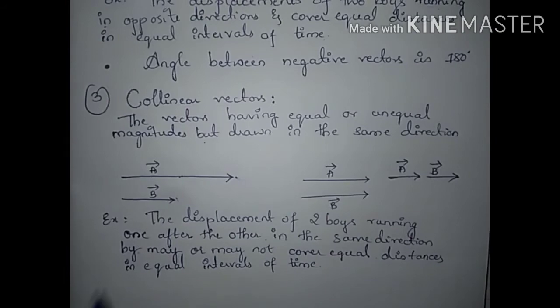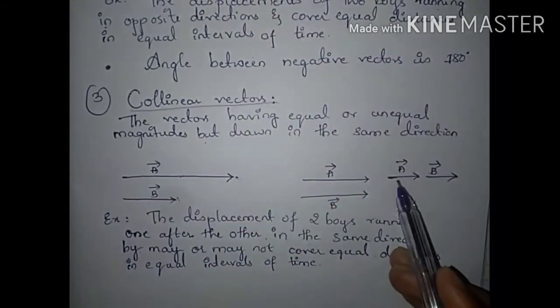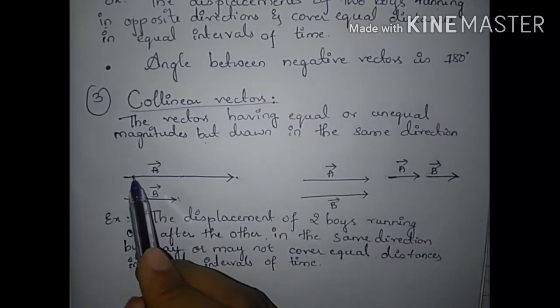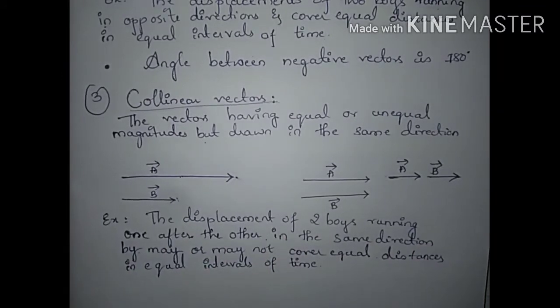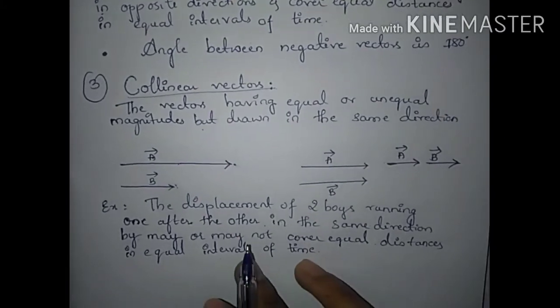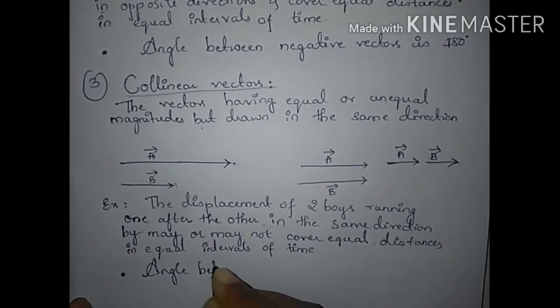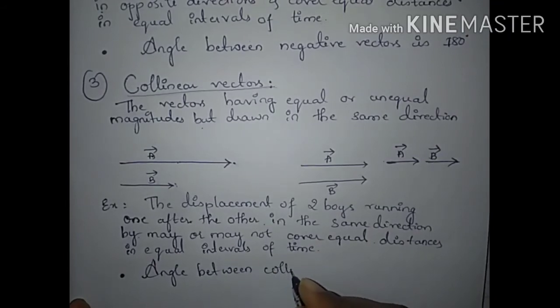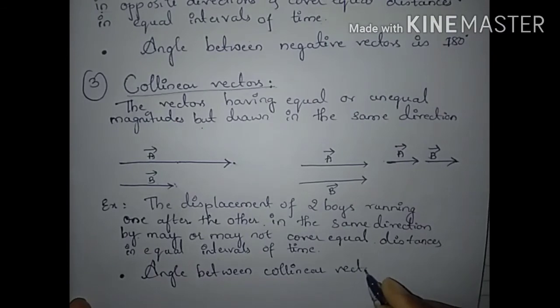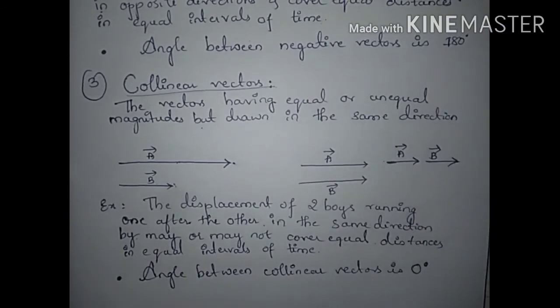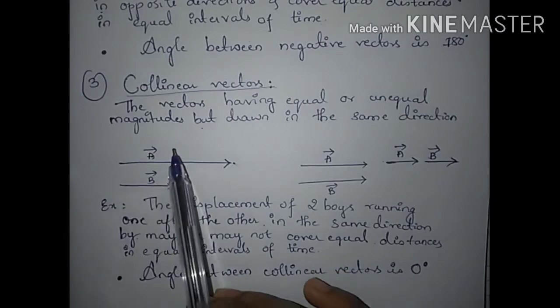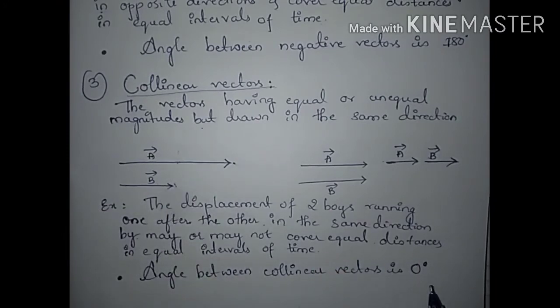So this is the example for collinear vectors. Collinear vectors can be denoted like this or like this. So A and B are two vectors having the same direction but with equal or unequal magnitude. Such kinds of vectors are known as collinear vectors. Now the angle between collinear vectors will be again what? 0 degree. So the angle between two collinear vectors is 0 degree.